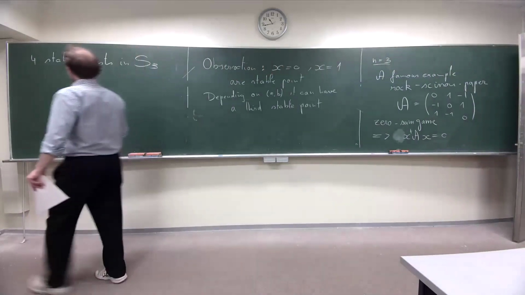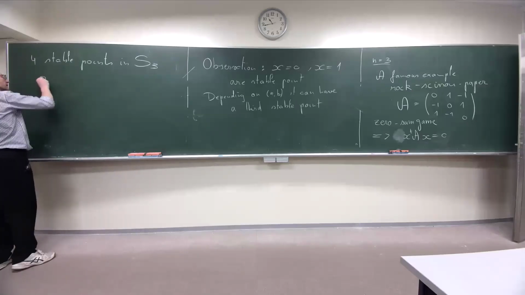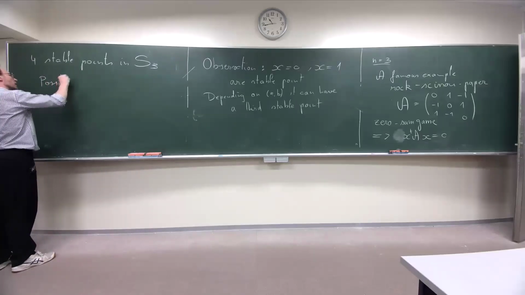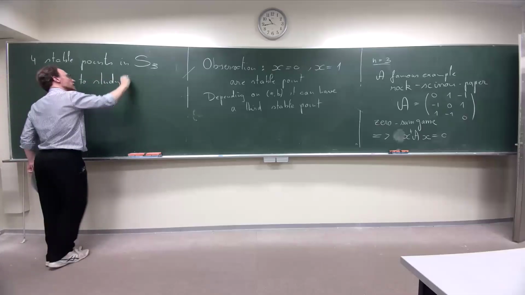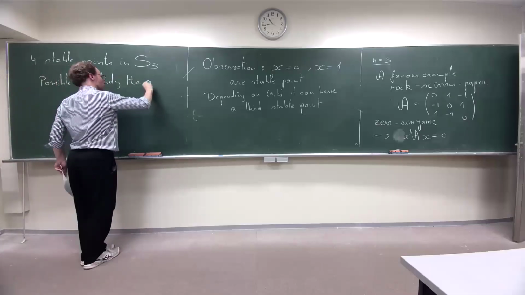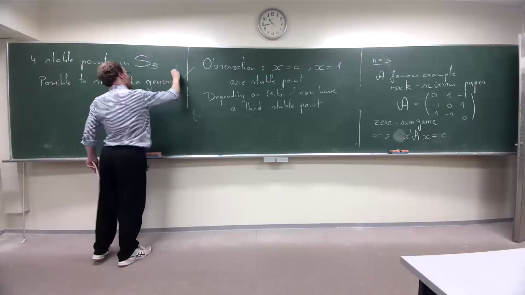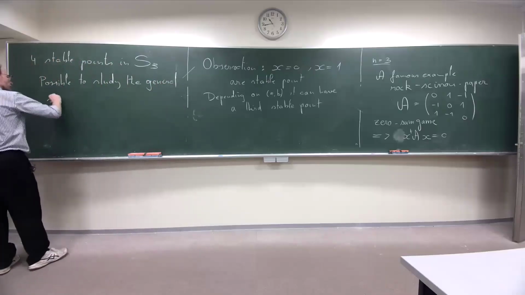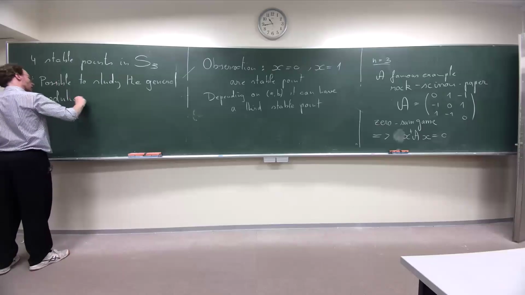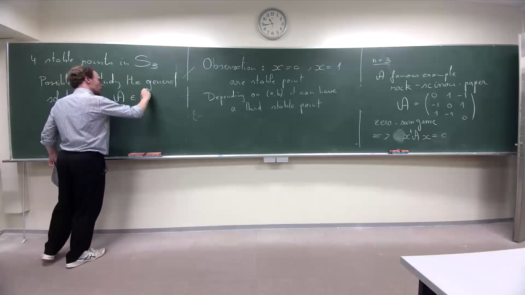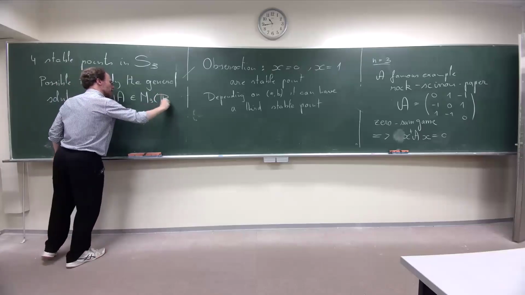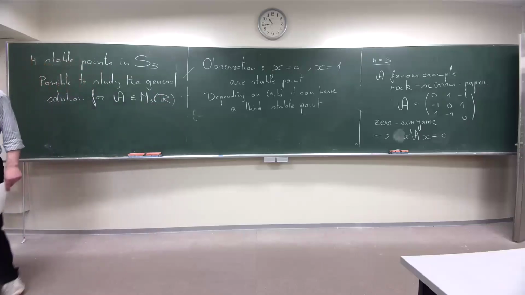Now it's still possible to study the general solution. The general solution for any A in M3 of R, but it's already very long because you need to list all possible cases.